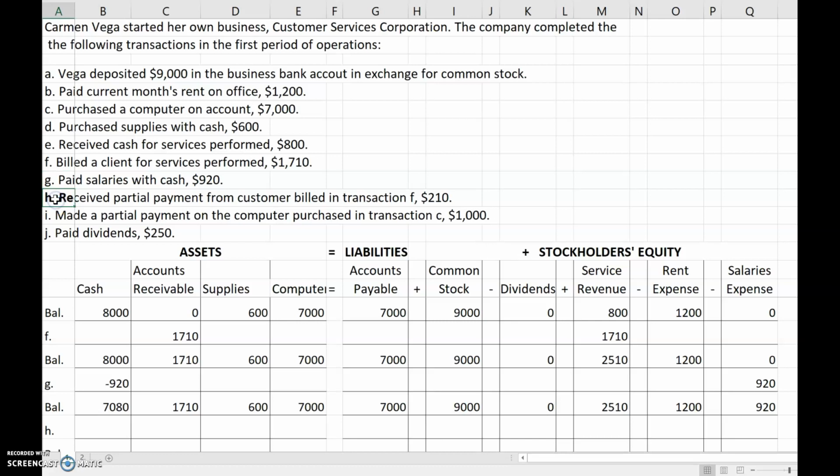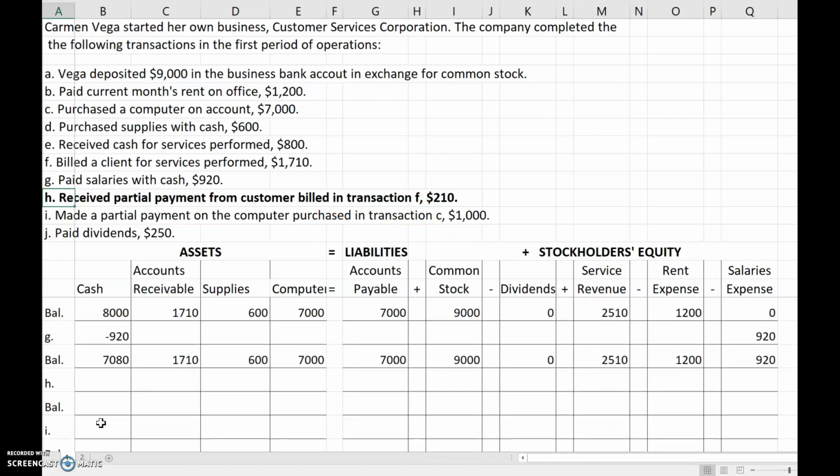Okay. Now let's go to H. We received a partial payment from the customer we billed in transaction F. So transaction F, we billed a client for services performed. Service revenue went up, accounts receivable went up. Well, now we're getting 210 from that customer. So since we're getting cash of 210, cash goes up by 210. Since the customer's paying on account, their accounts receivable goes down by 210.